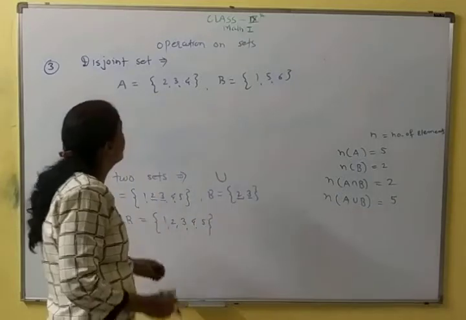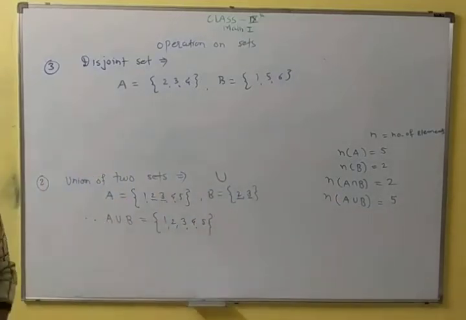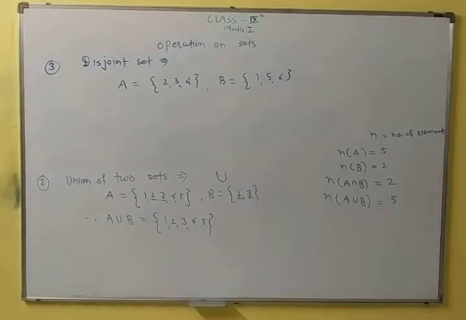On page number 12, disjoint sets: confirm that not a single element is common in sets A and B. These sets are completely different from each other. So the sets A and B are disjoint sets.